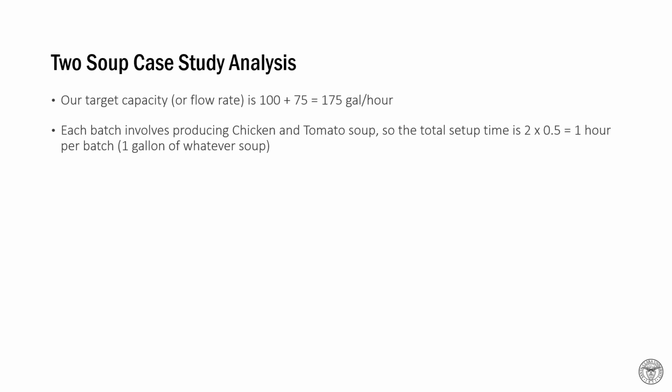We have to note that each batch involves producing both chicken and tomato soup, meaning the total setup time per batch is 2 times 0.5, equaling 1 hour. Also, the processing time is 1 over 300 hours per gallon.